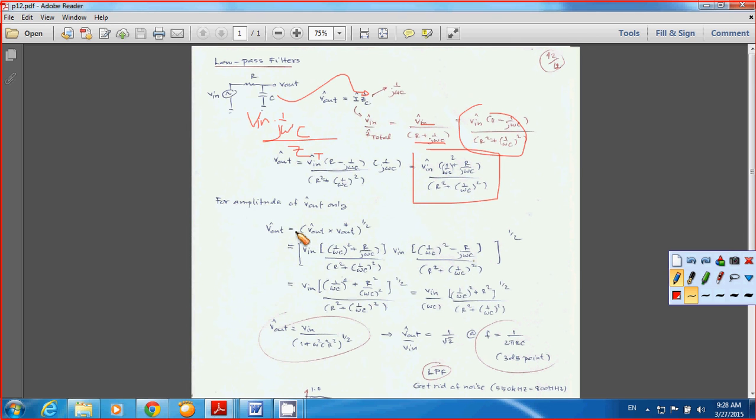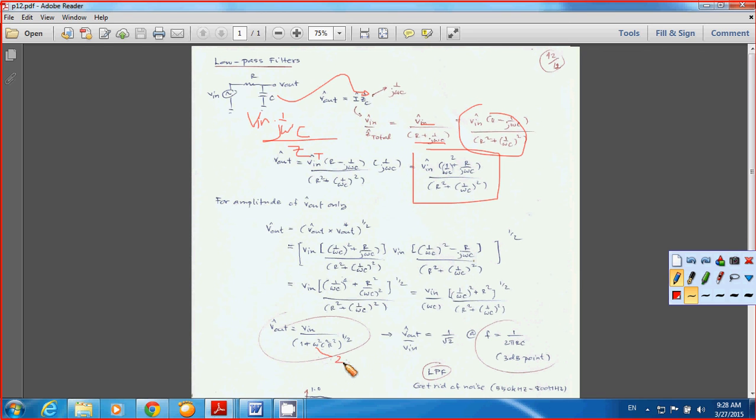So V out actually equals the square root of V out multiplied by the conjugate of V out. And then finally you have V out equal to V in divided by the square root of 1 plus omega squared C squared R squared.